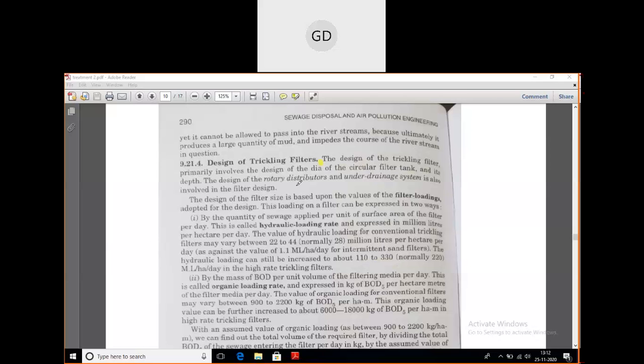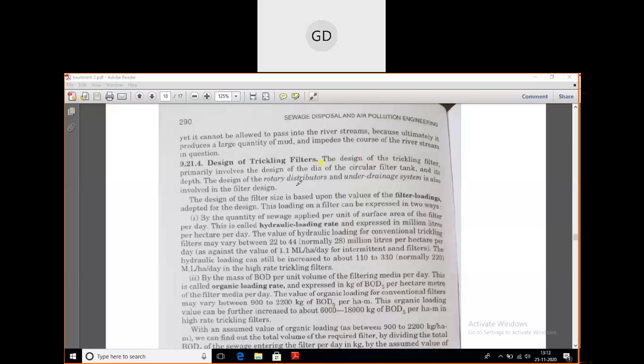Let me change the color. So it's written that the design of the trickling filter primarily involves the design of the diameter of the circular filter tank and its depth. So if in the question it's given to design the trickling filter, what does it involve? The design of the diameter of the circular filter tank, okay, and its depth.